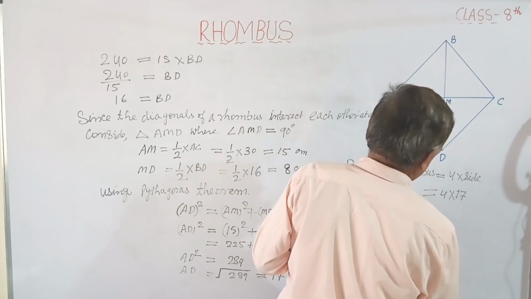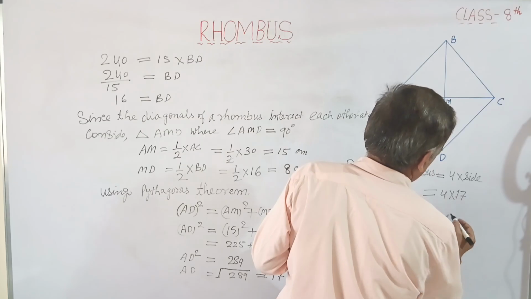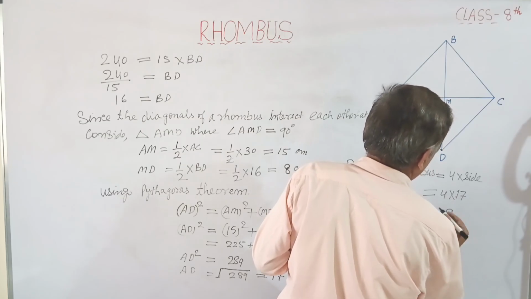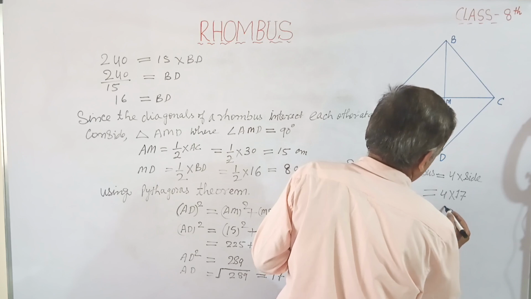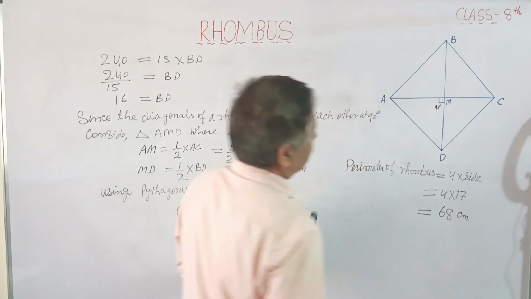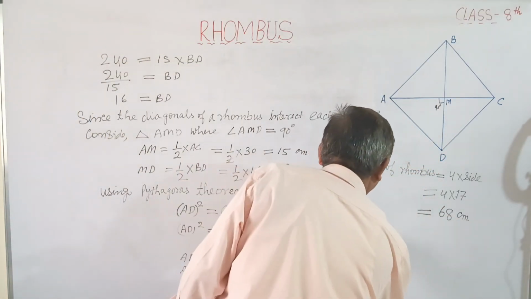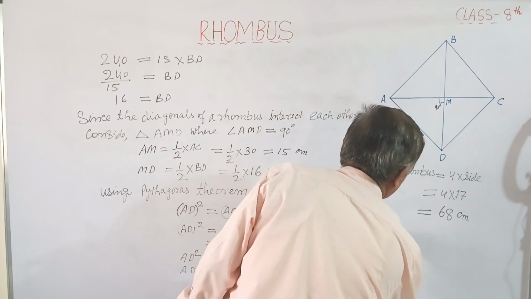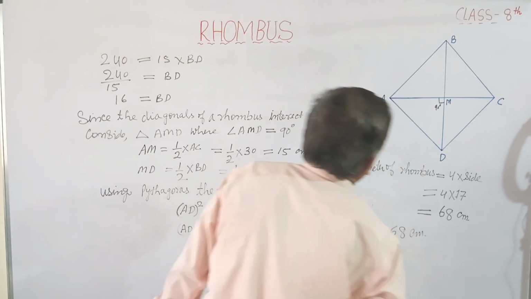So this comes out to be 68 centimeter will be the perimeter of this rhombus. The answer is 68 centimeter.